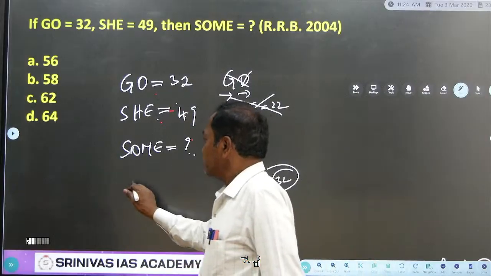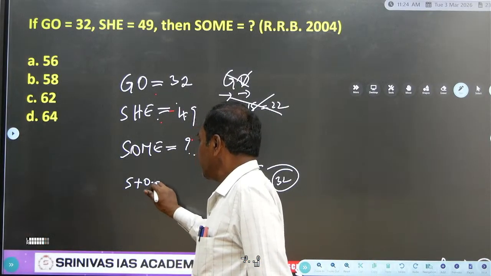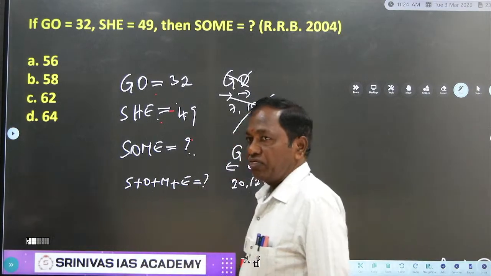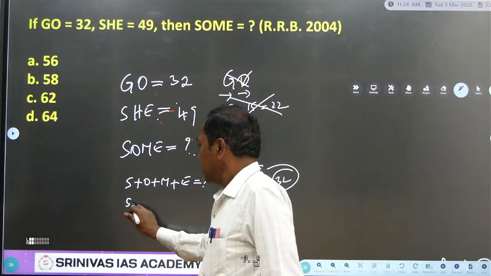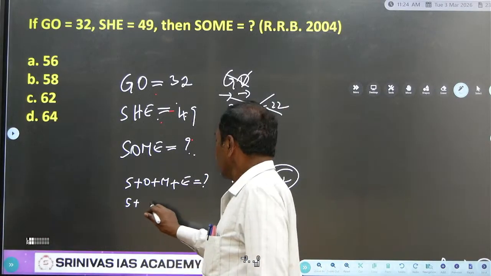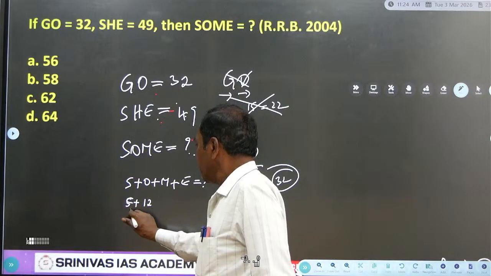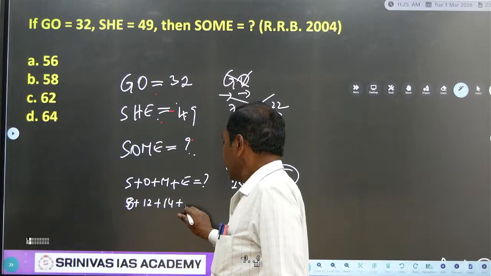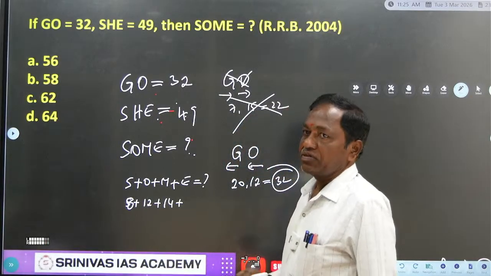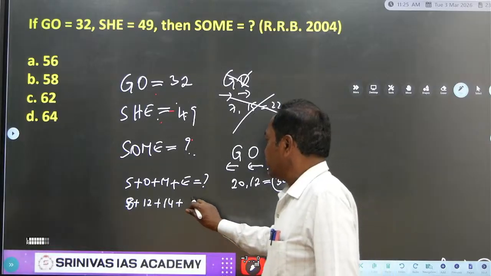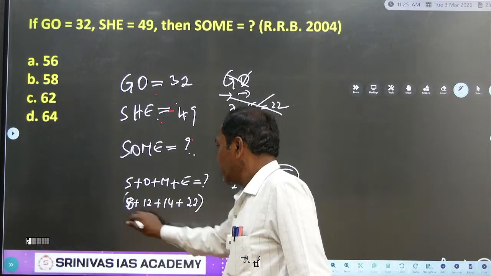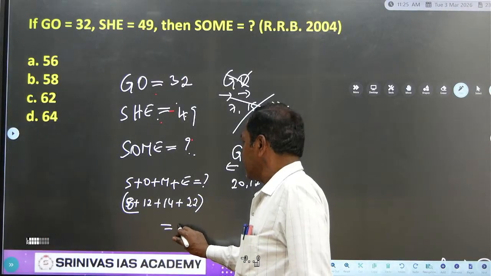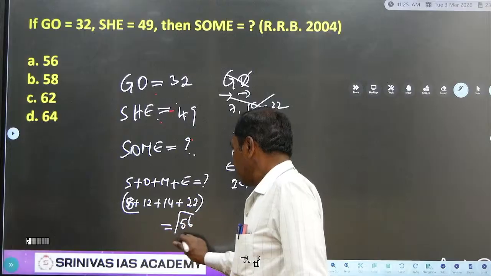Sum: S plus O plus M plus E. What is the position of S? 8 plus 12 plus 14 plus 22, and so on.